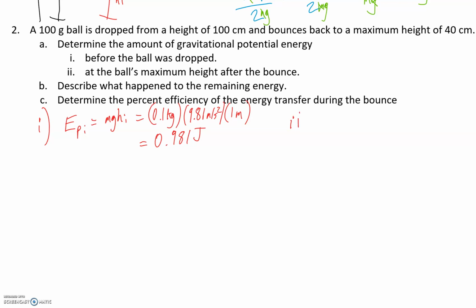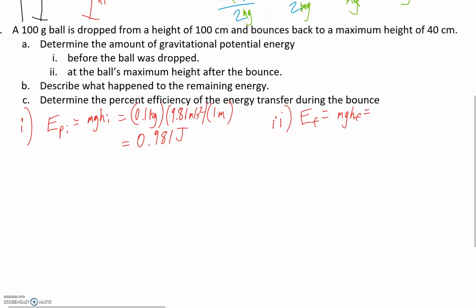Okay, and our final position after the bounce, this is going to be energy final, which would be mghf. In this case, well, let's see here. This would still be 0.1 kilograms, this would be 9.81 meters per second squared, and this would be 0.4 meters because it is 40 centimeters.